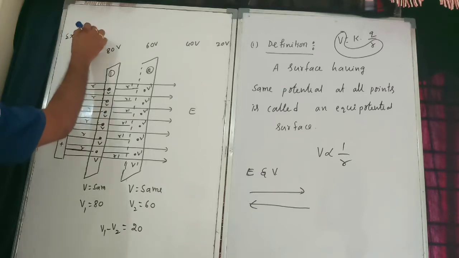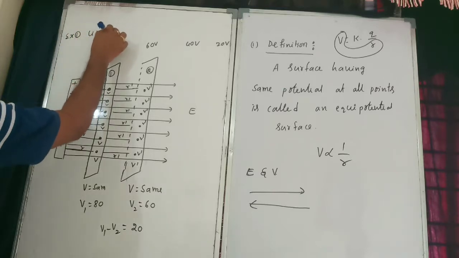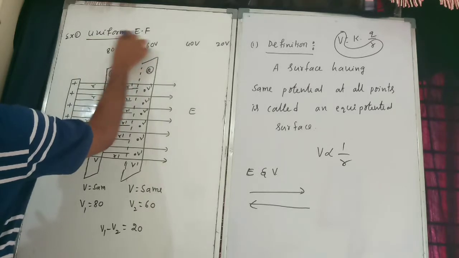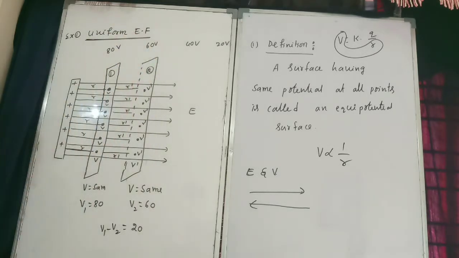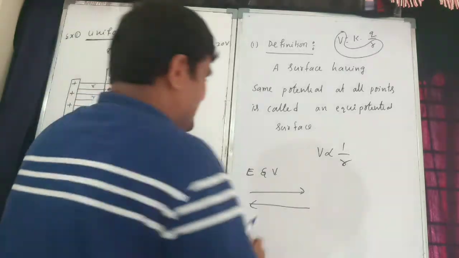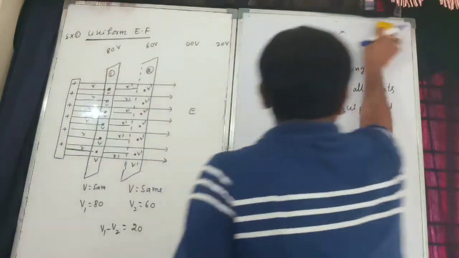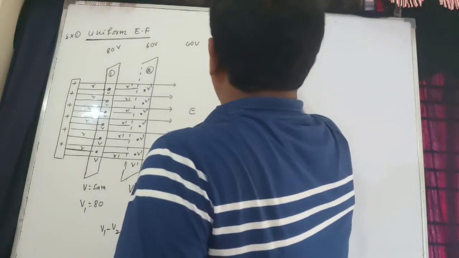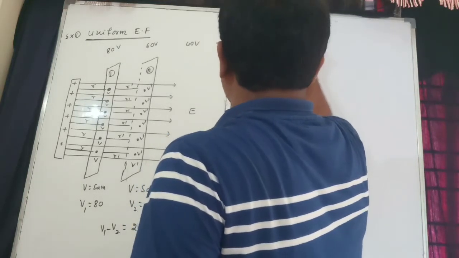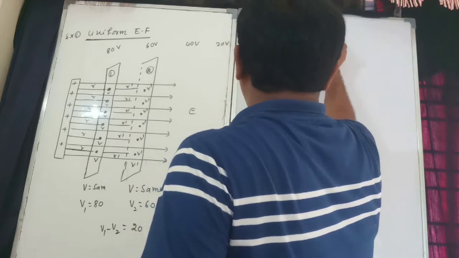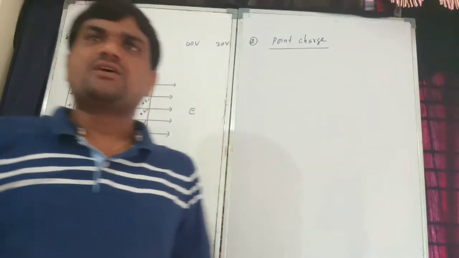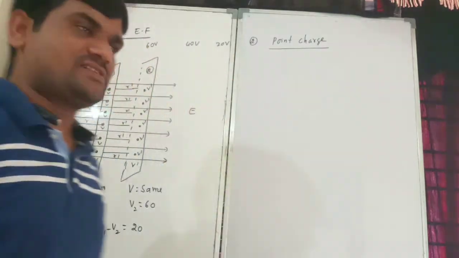That is for uniform electric field purpose. One more example I will give you, for the point charge. That is concentric circles.